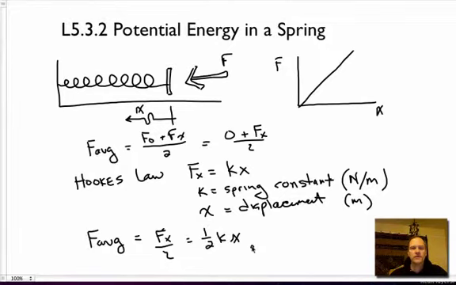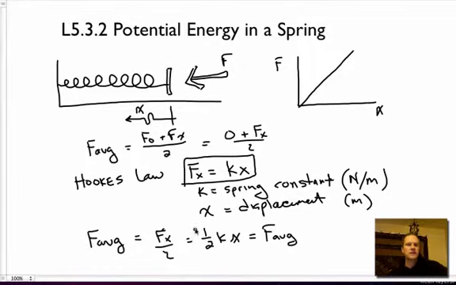So there's your average force. And we'll be able to relate this then to the potential energy. So 1/2 kx is this average force in a spring. Fx is the force to compress it to a point. So let's take a look at some formulas that we can develop out of this and make sure we have those concepts clear.